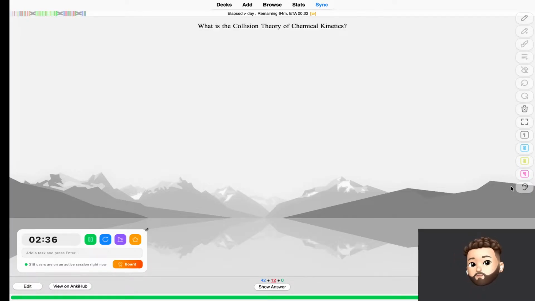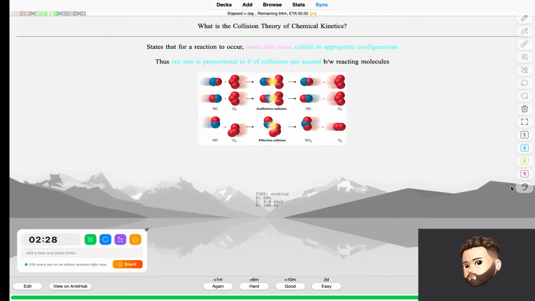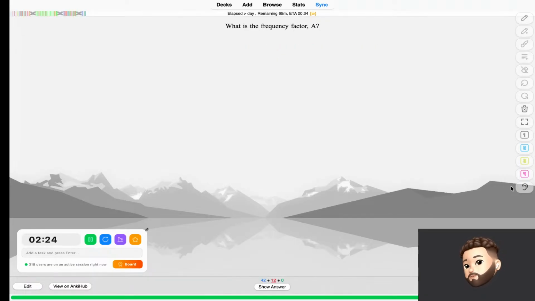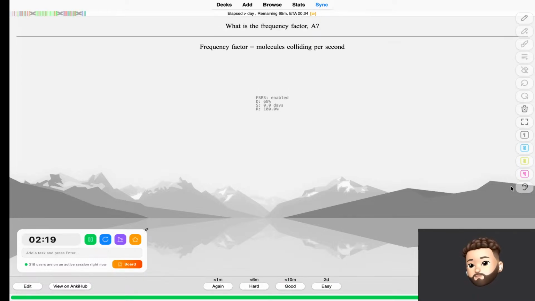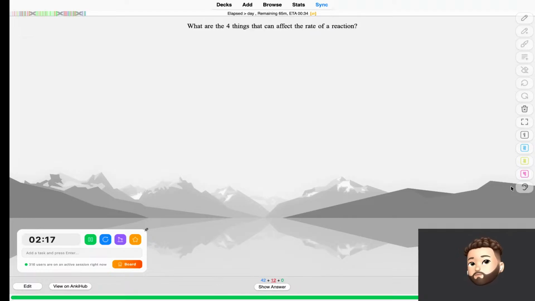It says that in order for molecules to react with one another, they need to collide with one another in appropriate configurations. Frequency factor, the molecules colliding per second. The temperature, the concentration, the solvent, and the catalyst.